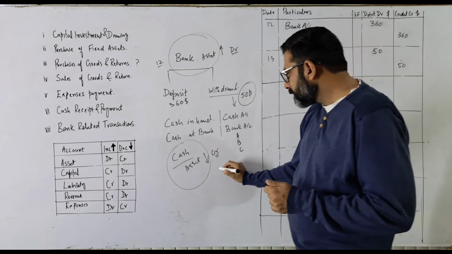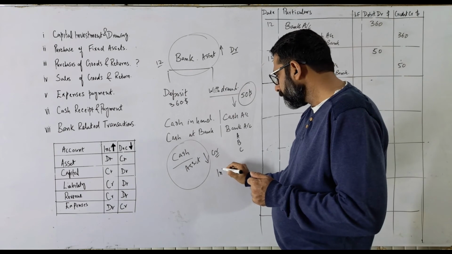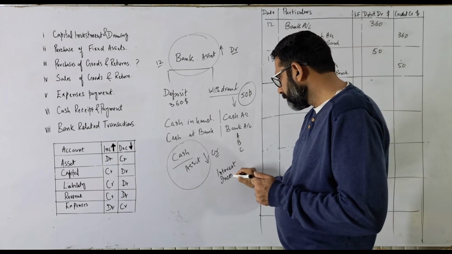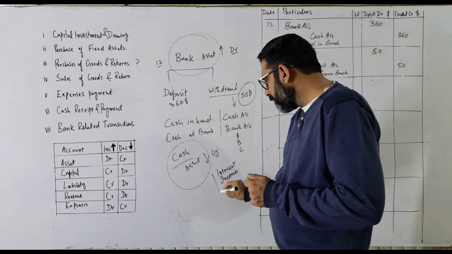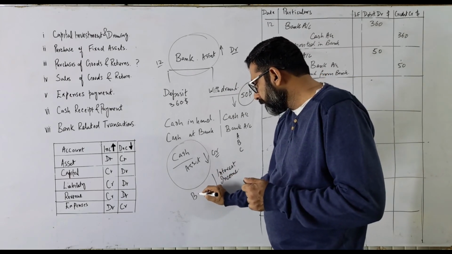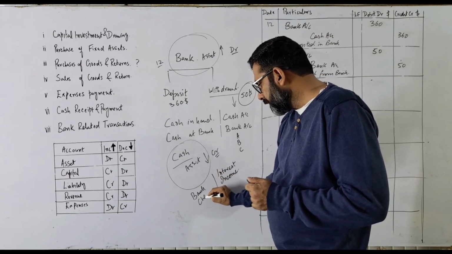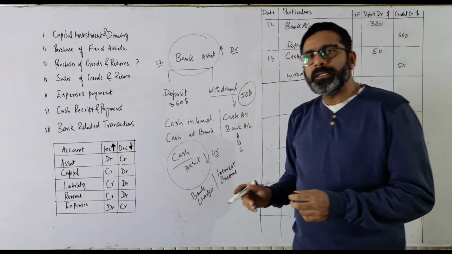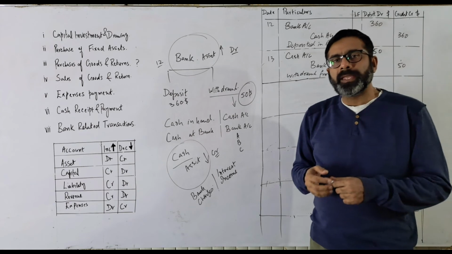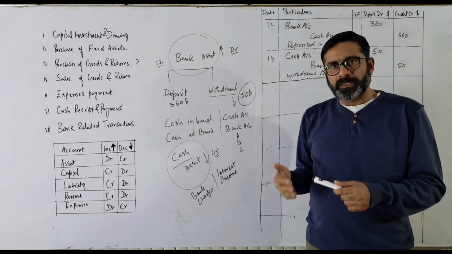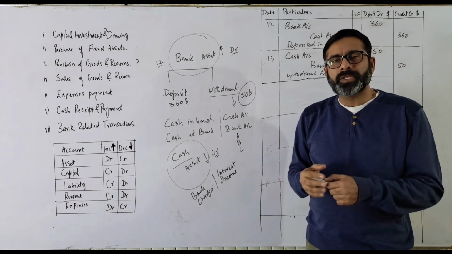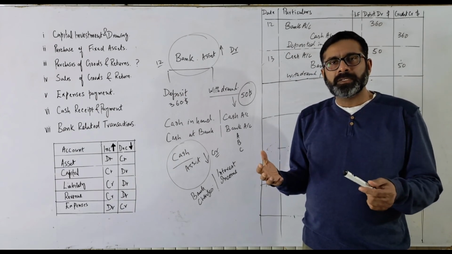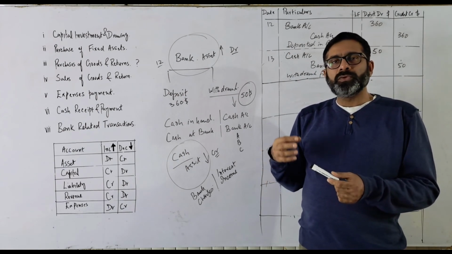As we said, there is some possibility of interest income, or there is a possibility of bank charges. Interest income means sometimes you have money in the bank, and after 2 months, 3 months, 6 months, or according to the agreement, the bank is giving you interest because it is your investment. So the bank will give you some interest.